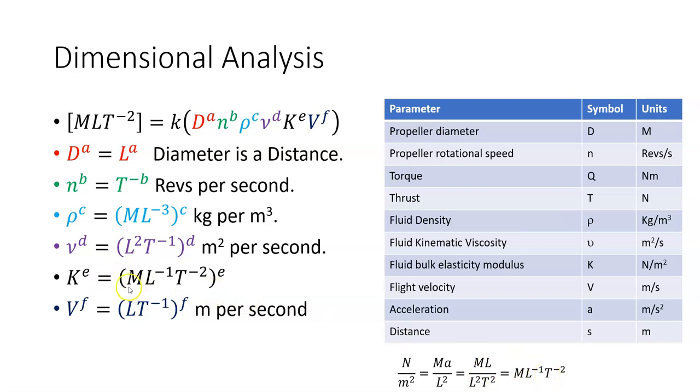So the bulk modulus is m, L to the minus 1, t to the minus 2, all to the power of e. And finally, the flight velocity v, well, that's just distance per second, so it's L for length, t to the minus 1, and that's all to the power of f.